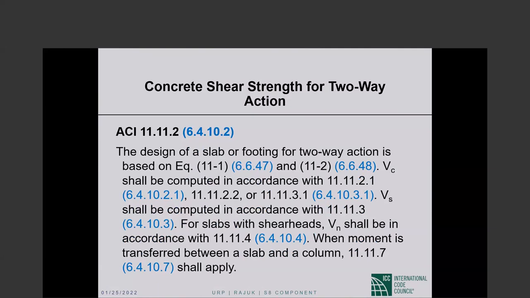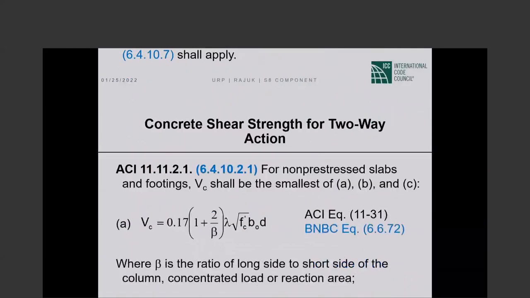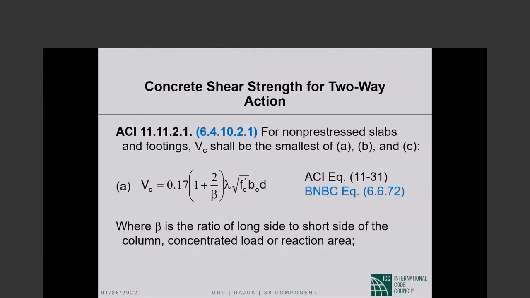The V sub n, nominal shear strength, as always, has two parts to it. V sub c, the punching shear that concrete itself can carry, and V sub s, the punching shear that is carried by any shear reinforcement that we may decide to provide.